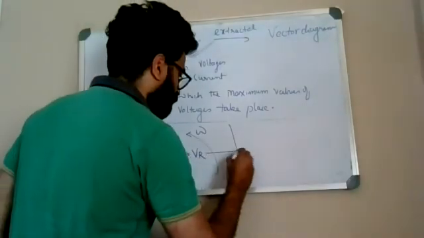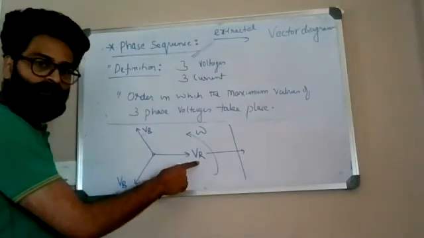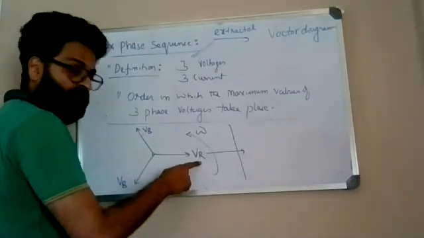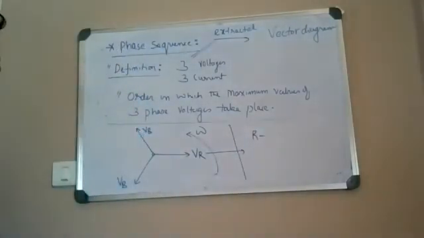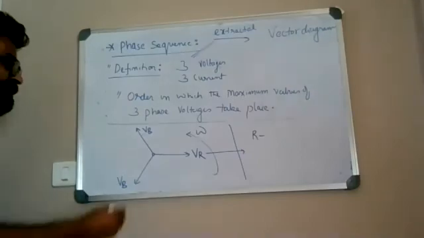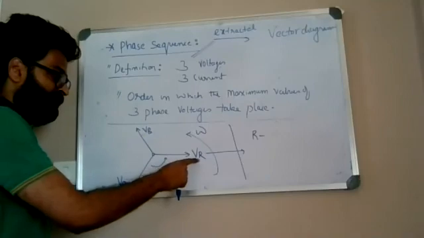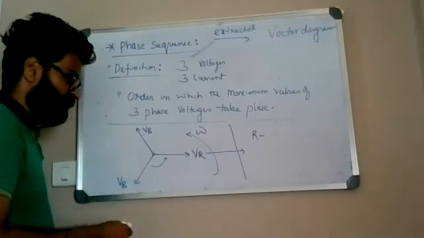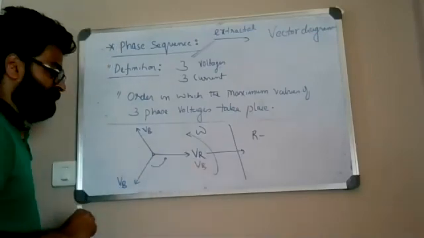So in the initial rest position, which voltage is getting aligned with x-axis or r-axis? VR. So R, correct. And when you give a 120-degree rotation, what happens? In place of VR, which is going to come and sit? VB. B is going to come and sit.